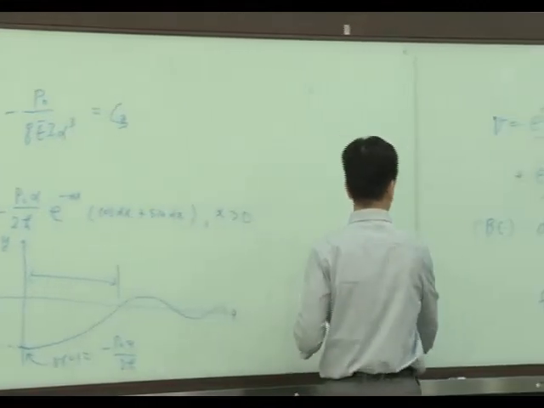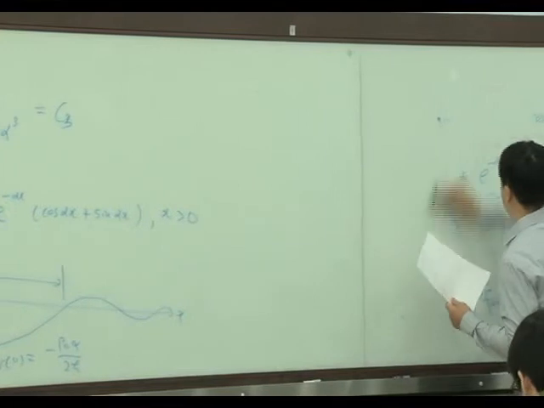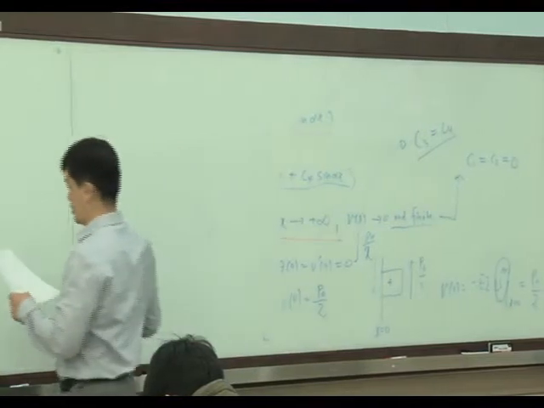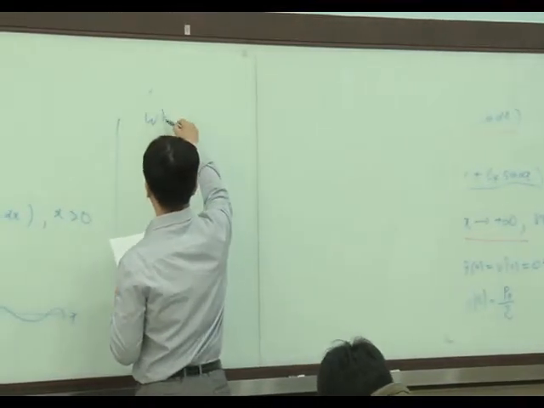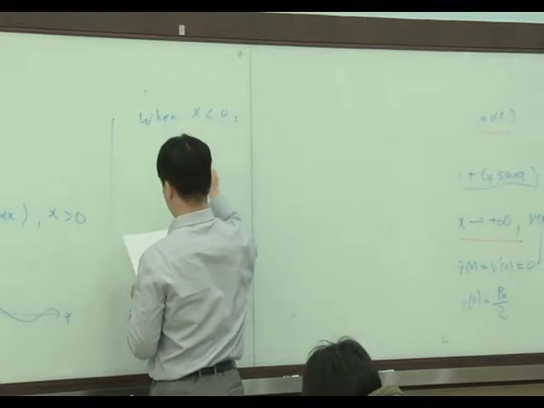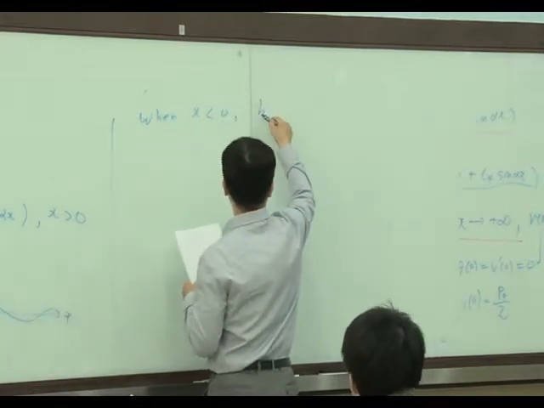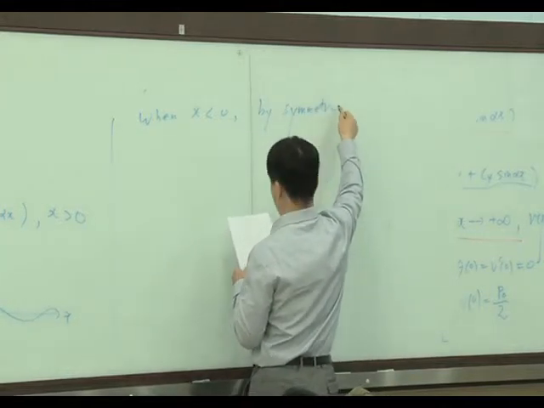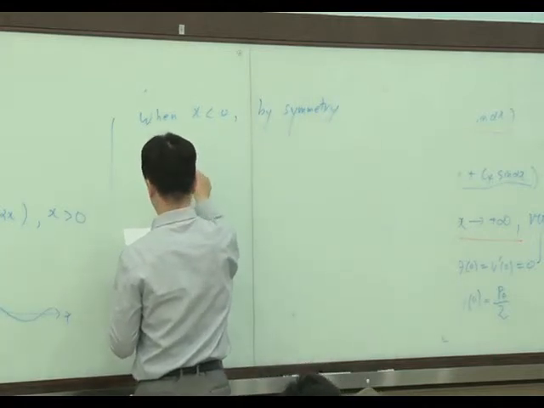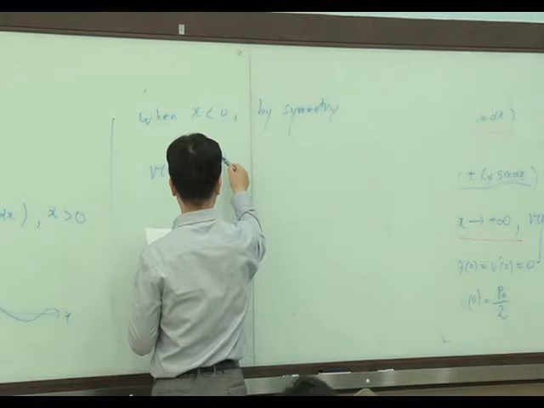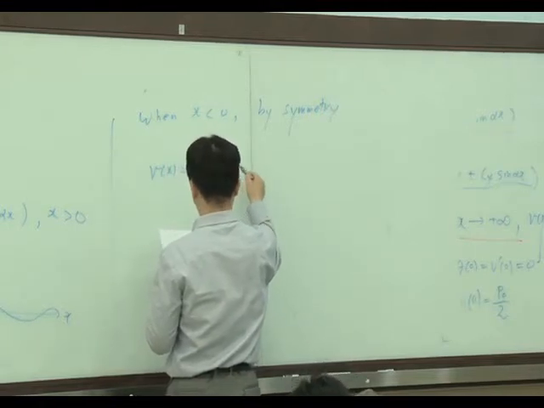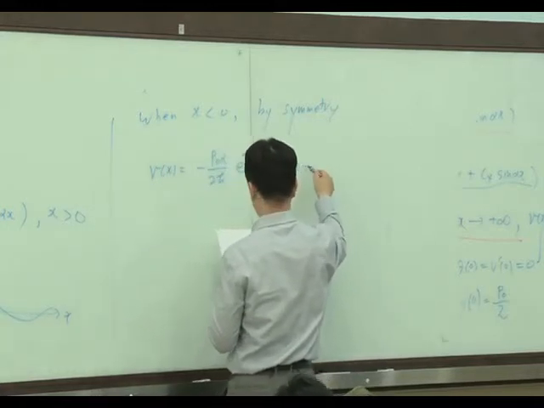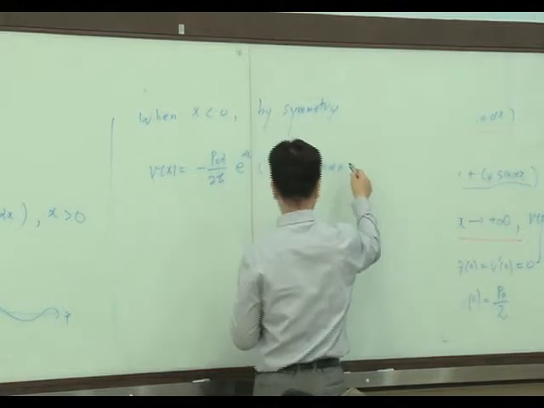And for negative x, when x is smaller than 0, by symmetry, V(x) equals minus P0 alpha over 2K e to the alpha x, cosine alpha x minus sine alpha x.